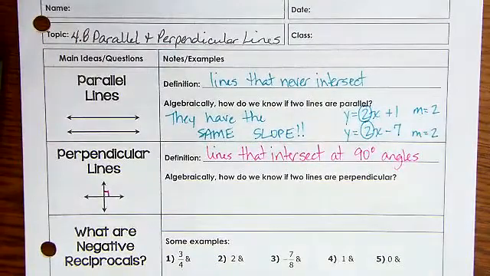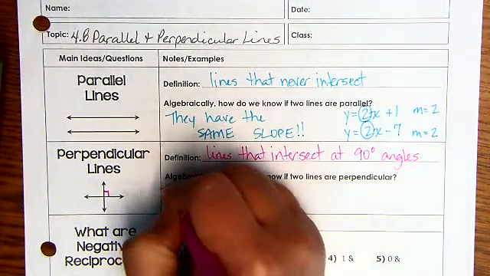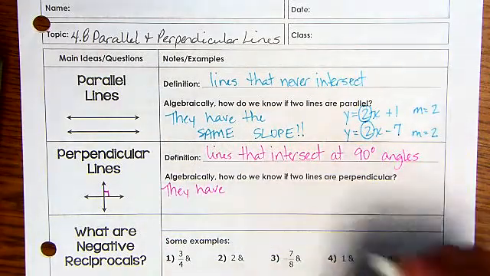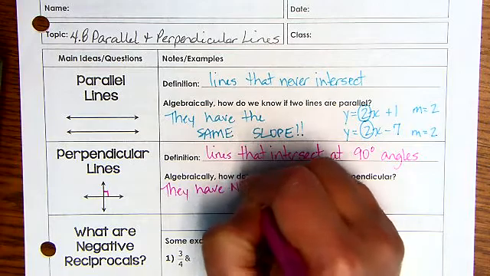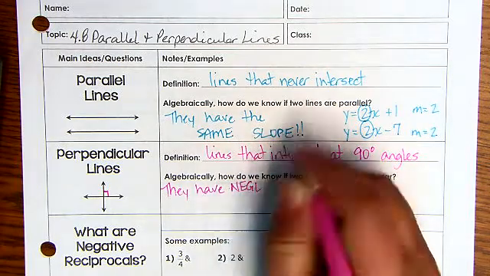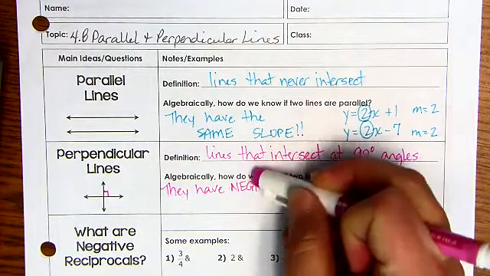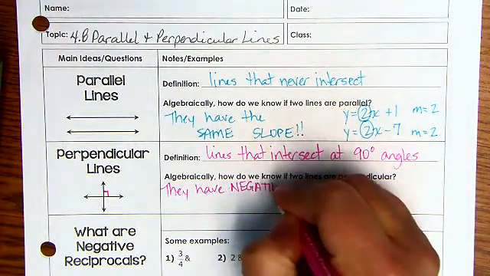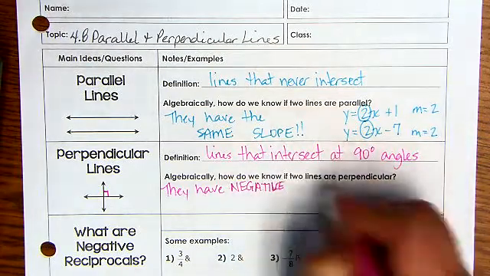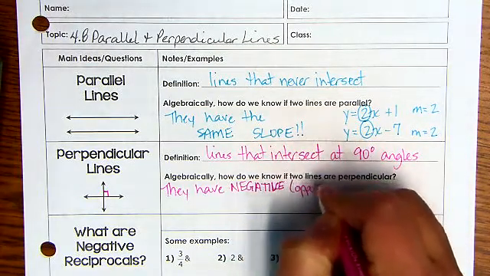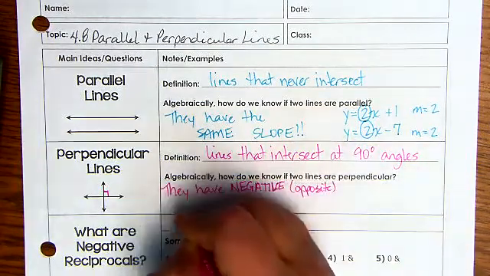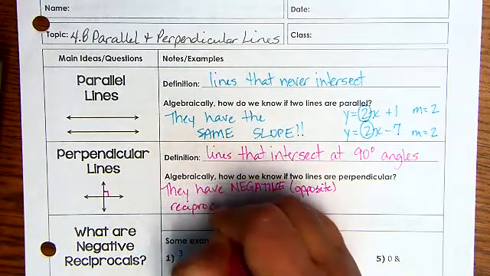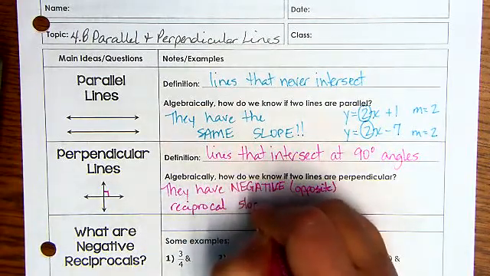If they're perpendicular, they have negative, I can't spell negative evidently, negative, which is the same as opposite, reciprocal slopes.